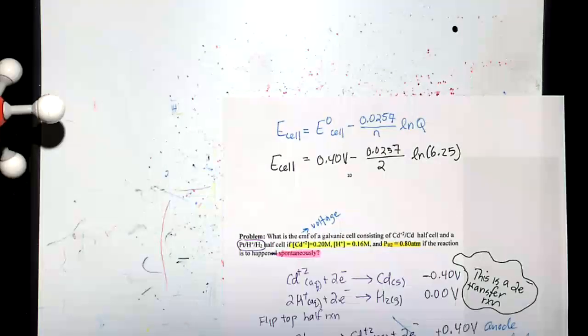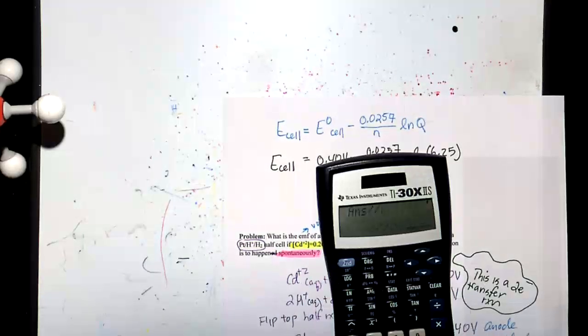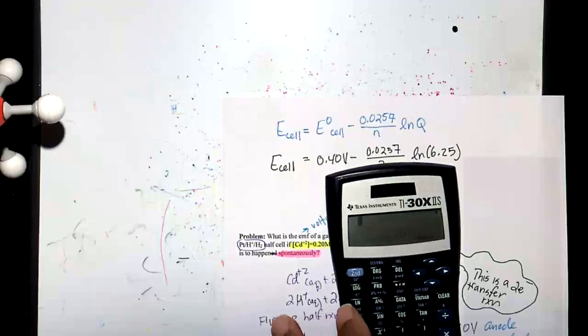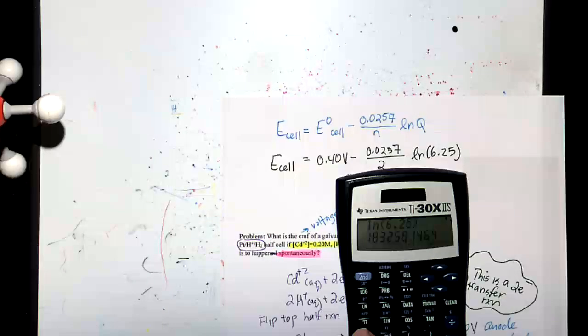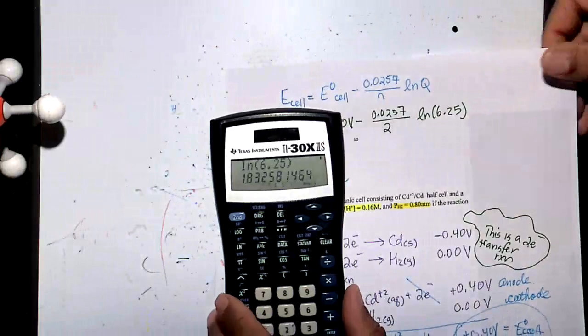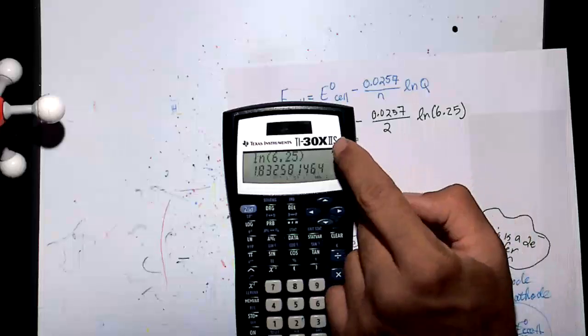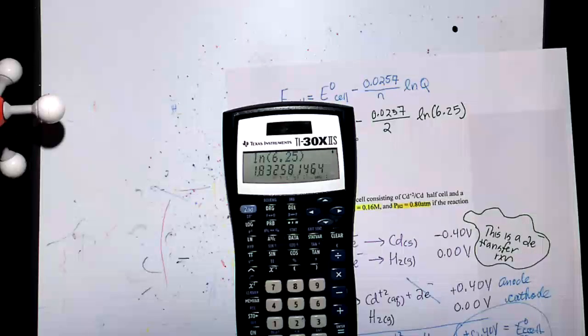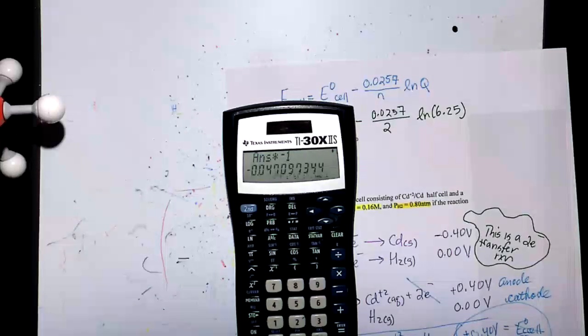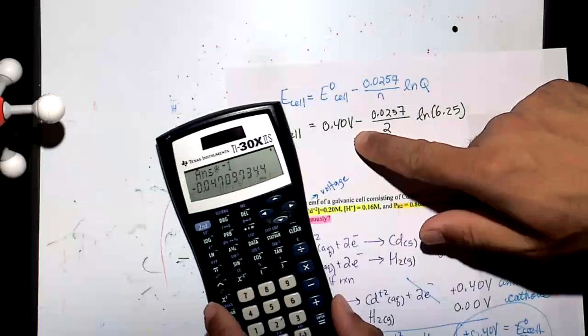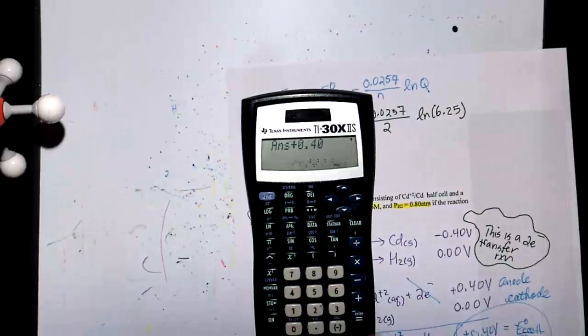Can we do this on our calculator? Natural log of 6.25 is that number, times a negative 0.0257. Are we going to do times 0.0257? No. We're going to do times a negative 0.0257, and make it negative. Plus 0.4.